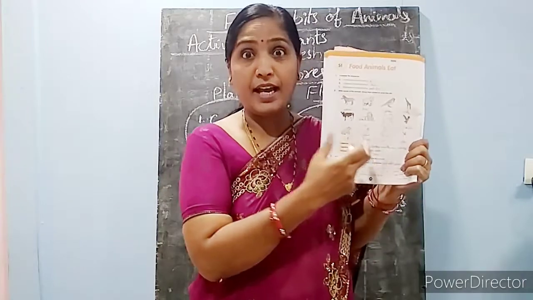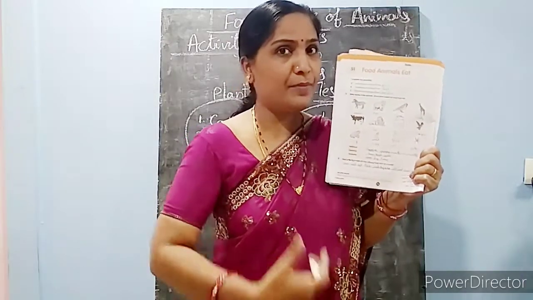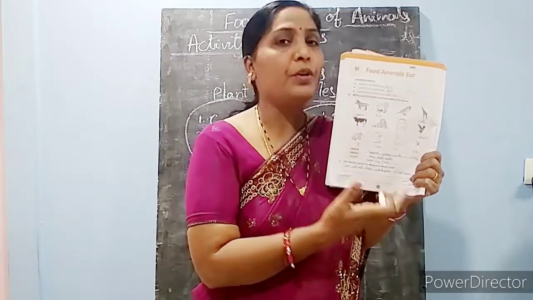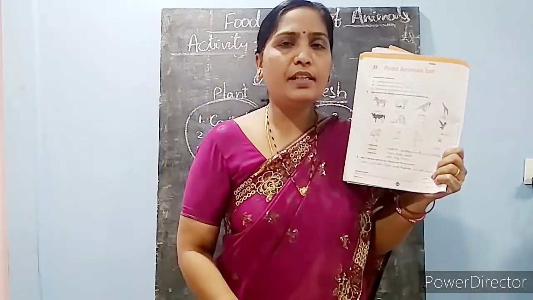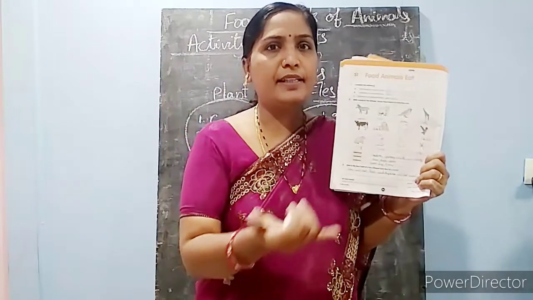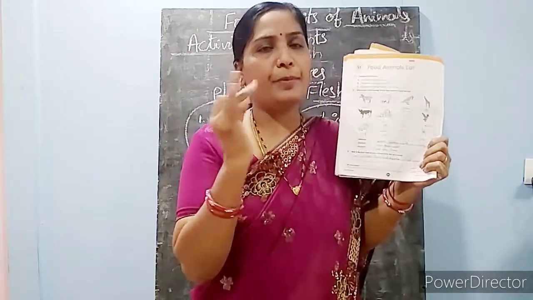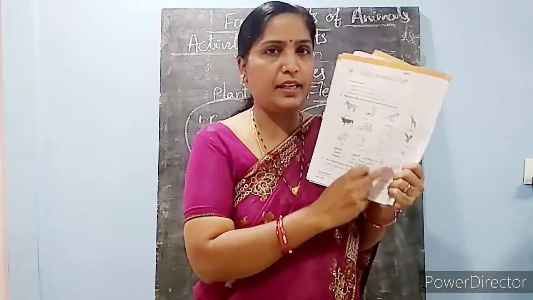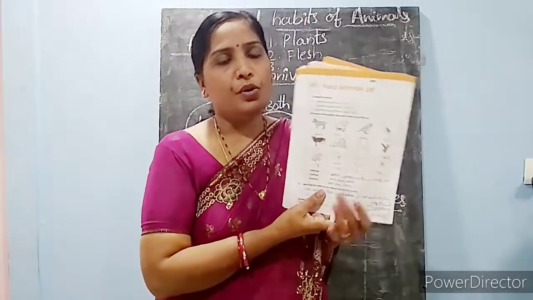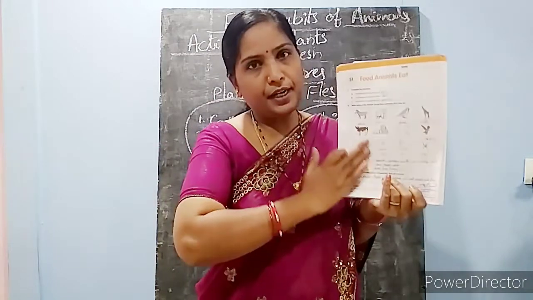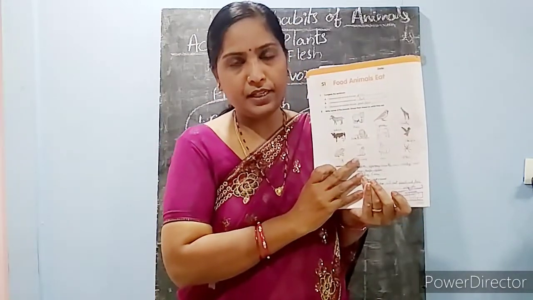So spider also comes under the insect group. The very special character for spider is all the insects have 6 legs except only spider. Spider has 8 legs. That is the speciality of spider. And now you are able to identify all these animals, right children?